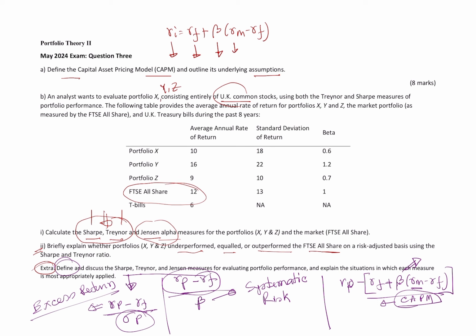So after taking all of the risks, how much extra are we getting? So RP minus what we are expecting, that is, what we are expecting minus what we are actually getting. This measure uses a similar systematic risk, but the applications are a little bit different. It is appropriate if you want to measure, for example, a manager's sub-portfolio.